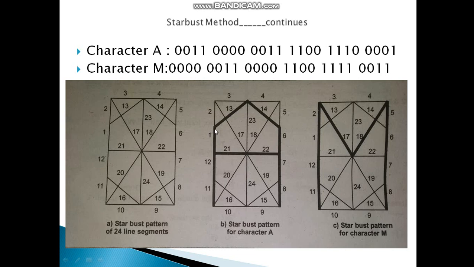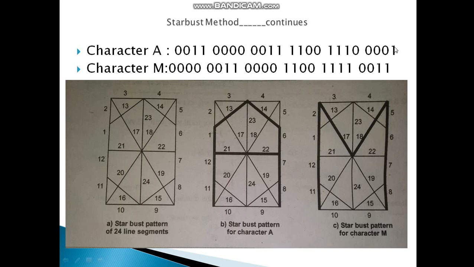So here is the 1, then lines 13, 14, 6, 7, 8, 11, 12, 21 and 22. These line segments are put as value 1, and other line segments are put as value 0. In character A, here is 1 to 24; you can also use it from left to right, that is 1 to 24. Here it is 1 to 24 from right to left.